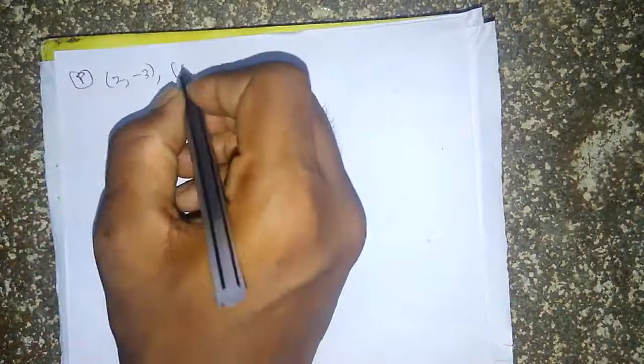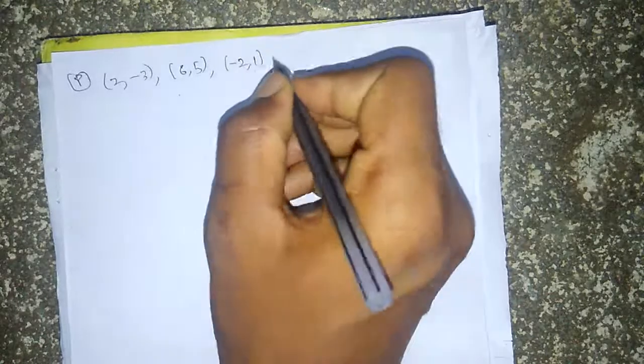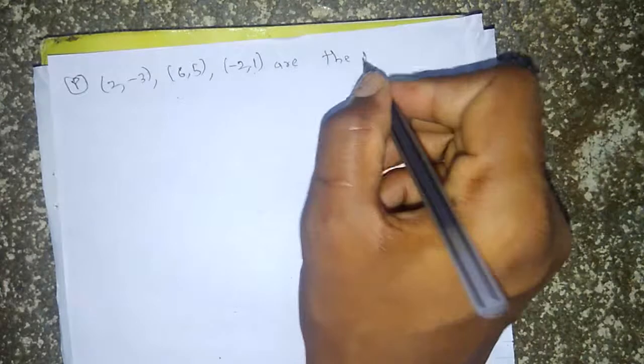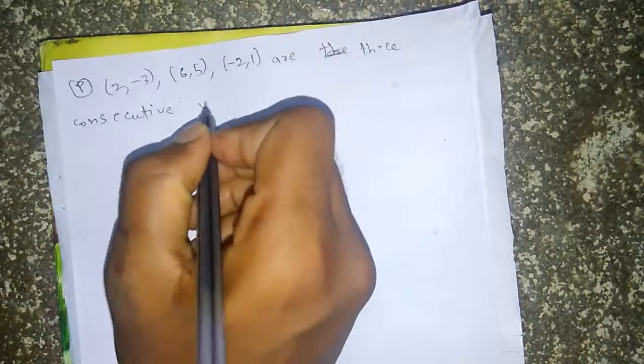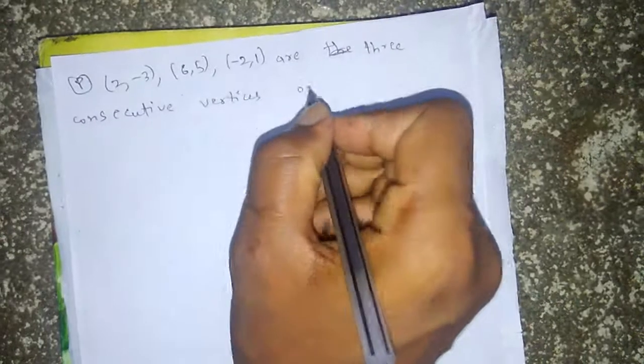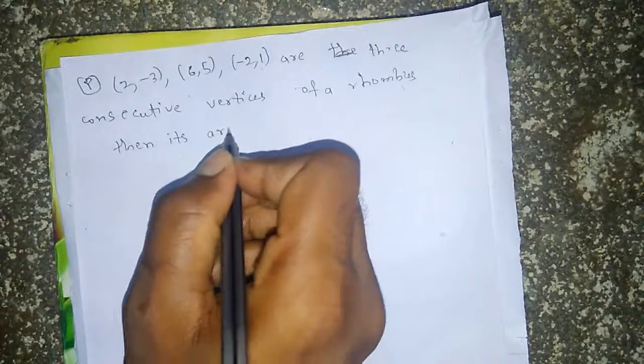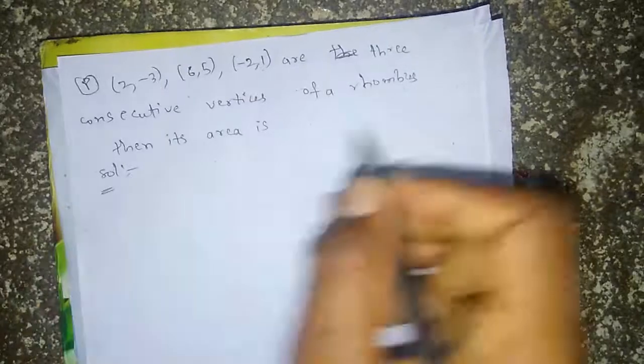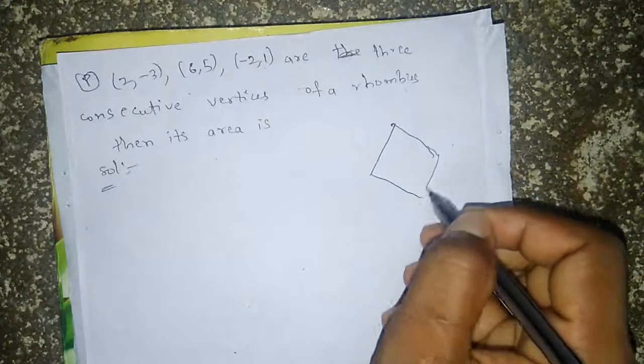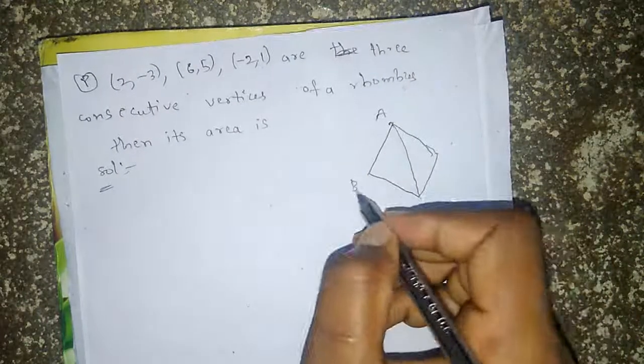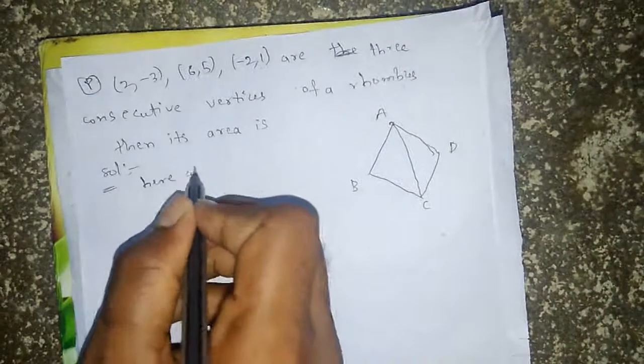Next problem, 2 comma minus 3, 6 comma 5, minus 2 comma 1 are the three consecutive vertices of a rhombus, then its area is... here given vertices.